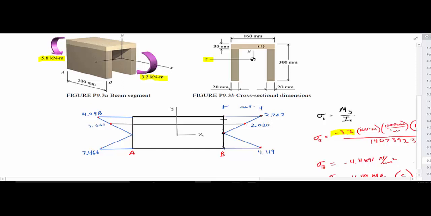So for our tension, we'll draw arrows going out on both sides. That's not quite even, but you get the idea. And then for the compression, we'll draw arrows going in, okay?